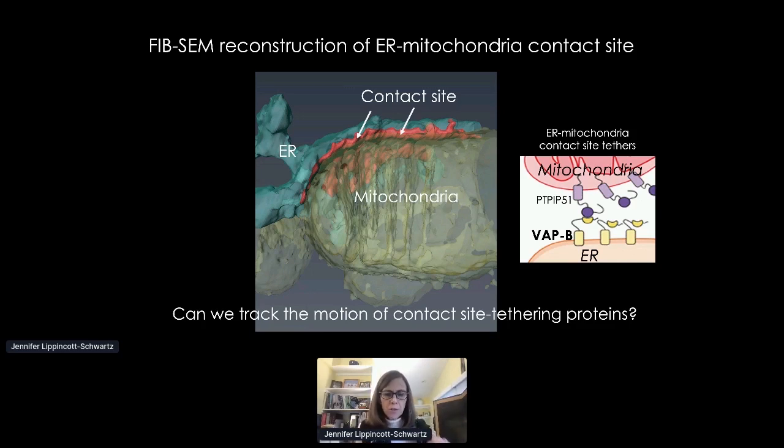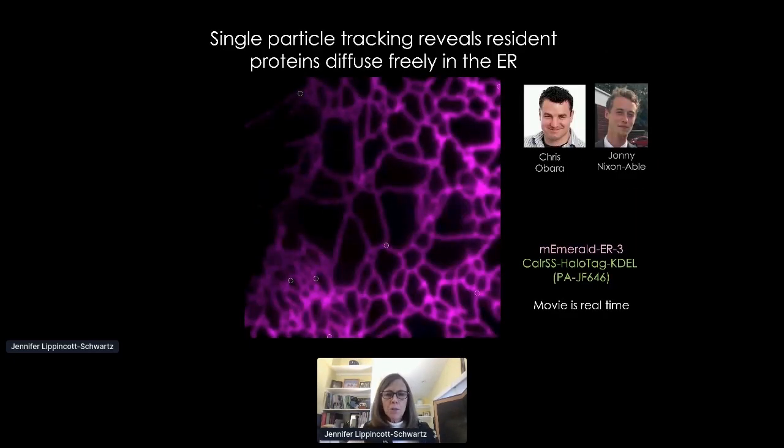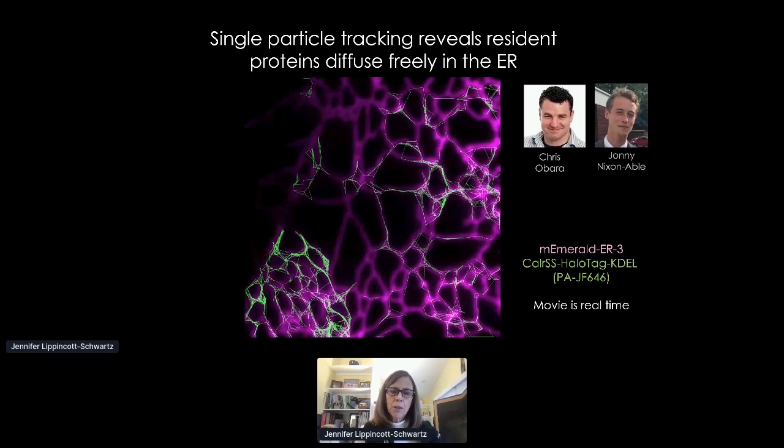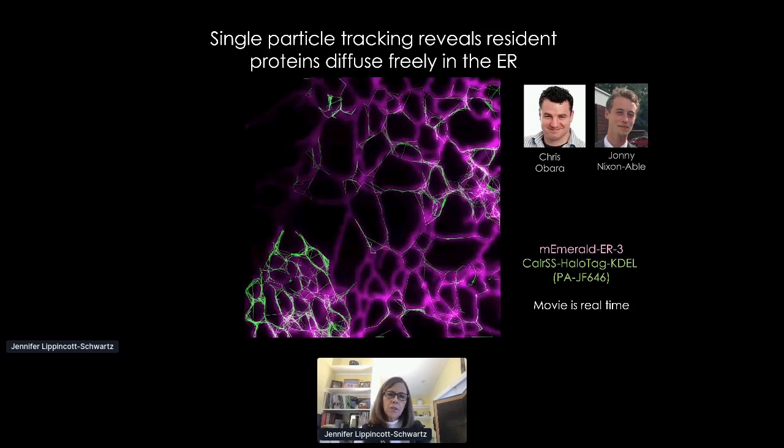And so to address that, we decided to see if we could perform single particle tracking of these contact site tethering proteins in the context of their movement of the ER relative to the contact site distribution. So 2 postdocs in the lab, Chris Obara and Jonny Nixon-Abell, have developed this single particle tracking technology.